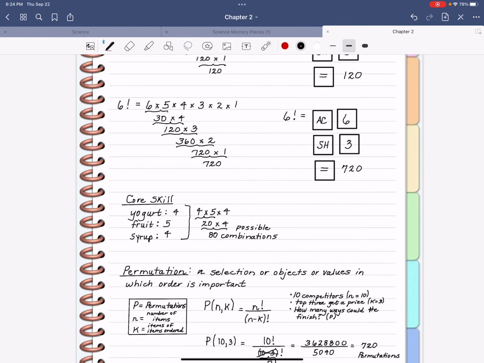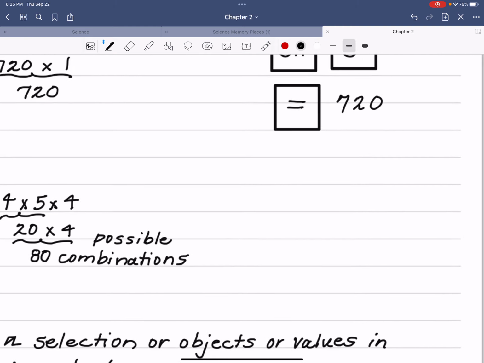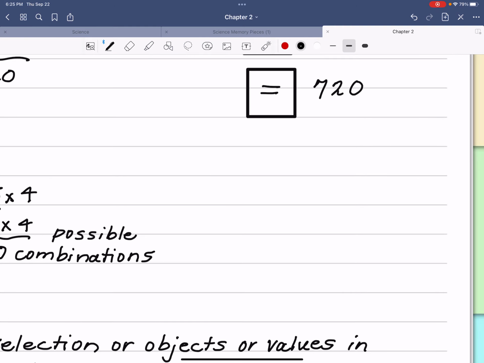So if you want to go back in your notes to this page, it's on page 64, right before we talked about permutations. The core skill is using a very important math rule called the fundamental counting principle. And I made a serious error by not writing this down. I must have been doing that one in the middle of the night.